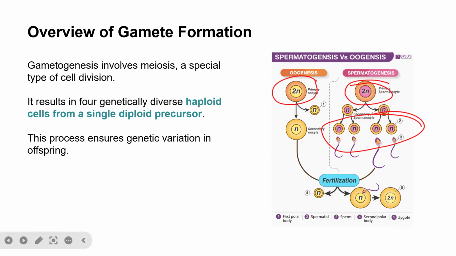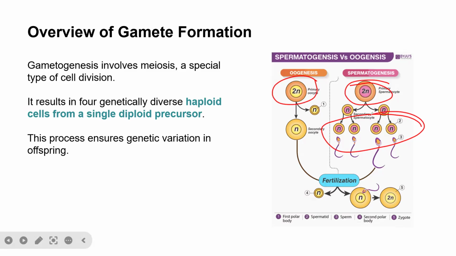These are actually the differences between spermatogenesis and oogenesis. So as we can see, the first step, that is N1, where we have a diploid cell segregating into haploid cells, is called the first polar body. And then the second phase, where we have N also, in the case of spermatogenesis, is spermatids.